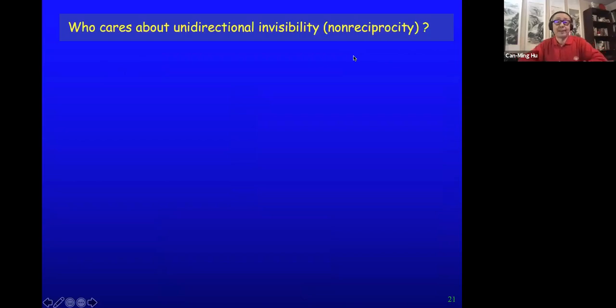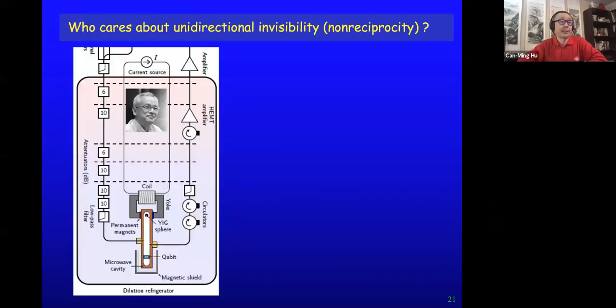So who cares about this type of non-reciprocal behavior? In fact, many people care about it. If you do any quantum measurement involving microwave devices, what you need to do is put your device at extremely low temperature and let the microwave signal come out to your electronics at room temperature to measure it.